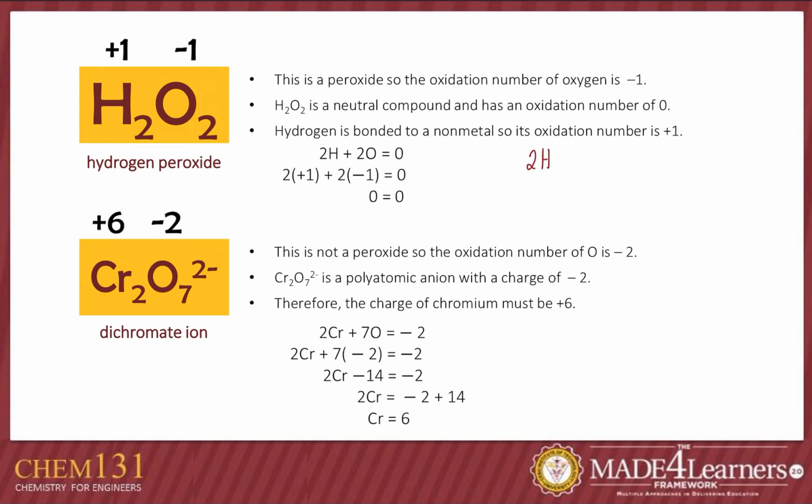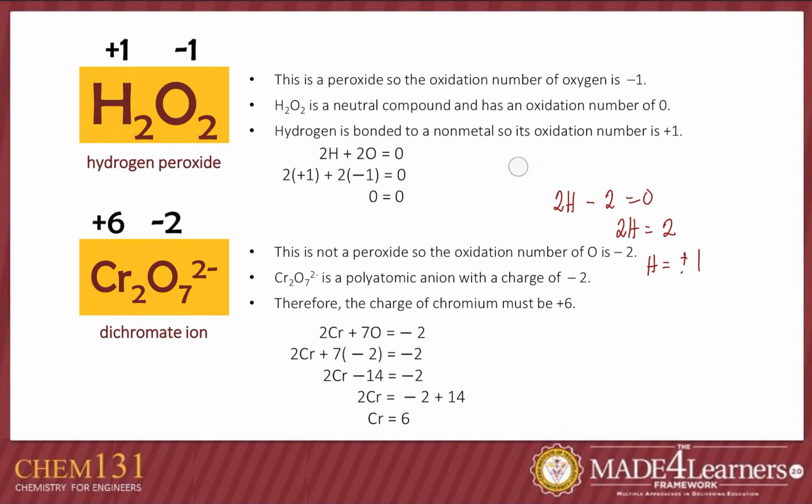Kung 2H plus 2 times negative 1 equals 0, so 2H minus 2 equals 0, 2H equals 2, H equals positive 1. So, it's hydrogen here is positive 1 because sa rule pod nato, hydrogen is positive, diba? It's either positive 1 or negative 1. And it's positive 1 because it is combined with a non-metal.